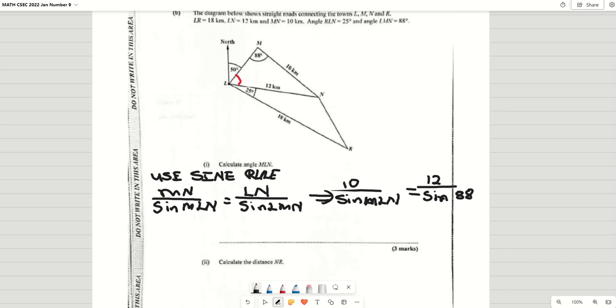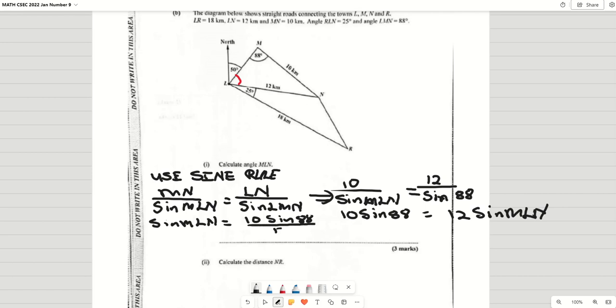When you cross multiply, you'll get 10 sine 88 equals 12 sine MLN. However, we want MLN by itself, so we carry across the 12, so you get sine MLN is equal to 10 sine 88 over 12.